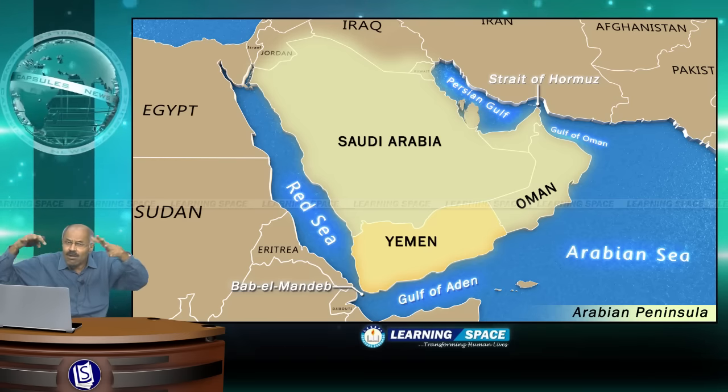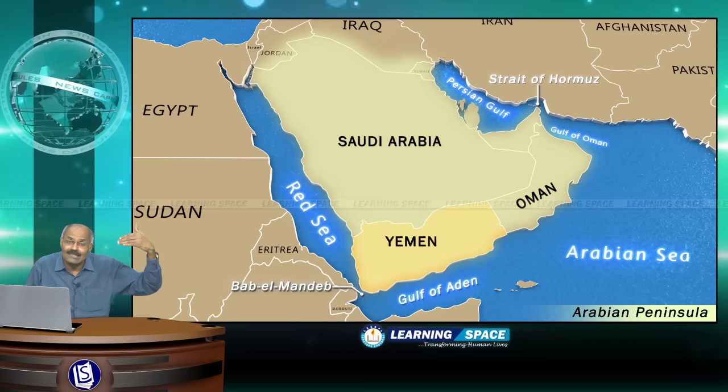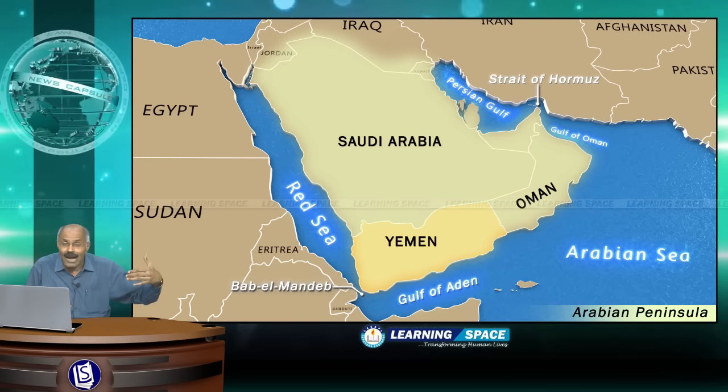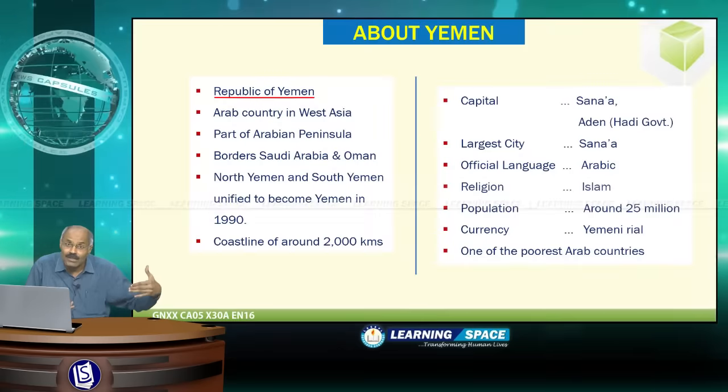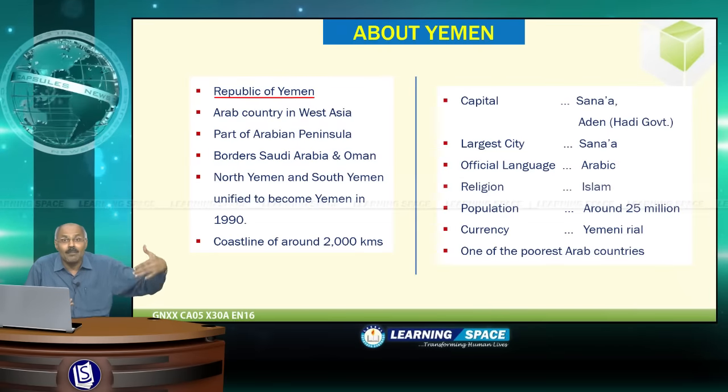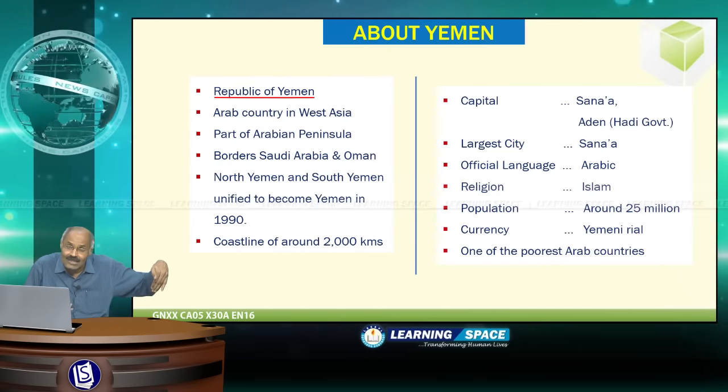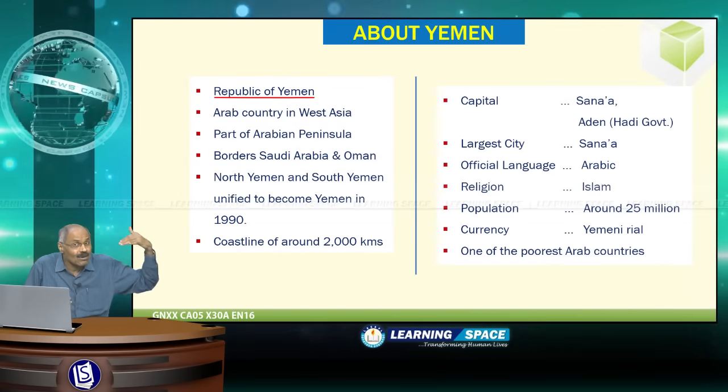So these are all the boundaries of the Republic of Yemen. North Yemen and South Yemen unified to become Yemen in 1990, and it has a long coastline of around 2000 kilometers.